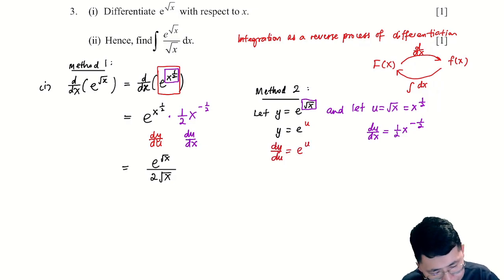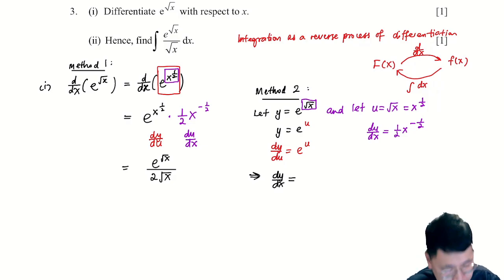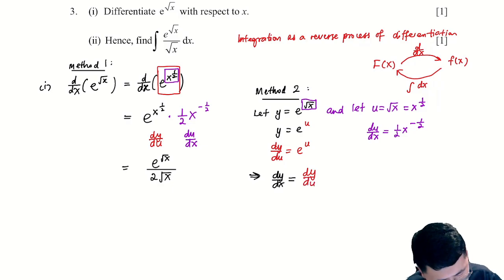Okay, like that. So now putting everything together using the chain rule. dy dx would be equals to dy du multiplied with du dx. So dy du is e power u, du dx would be half x power negative half.